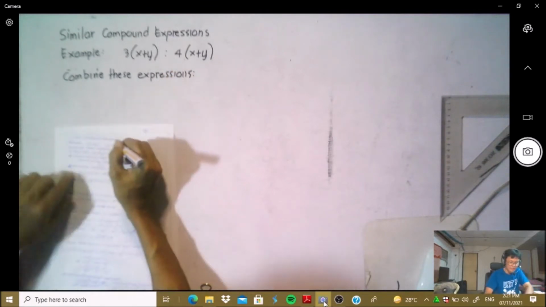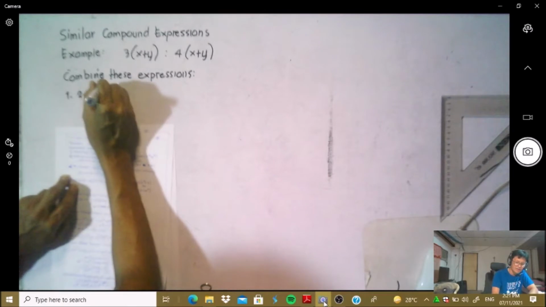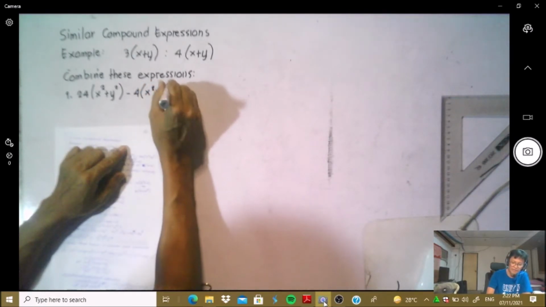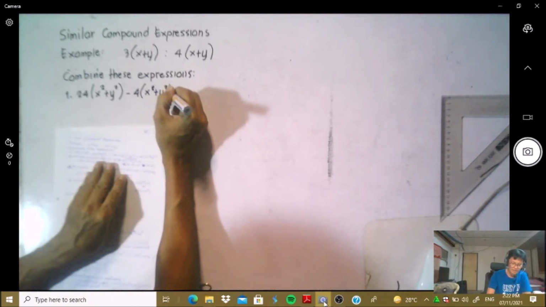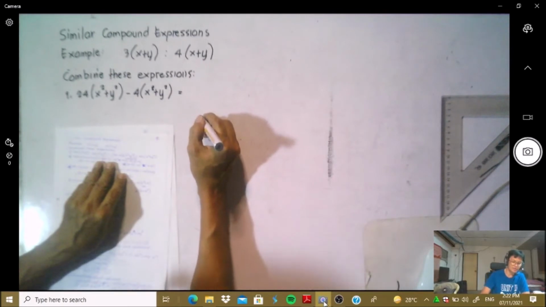Okay, for number 1, we have 24 times the quantity x squared plus y squared minus 4 times the quantity x squared plus y squared. Then this is equal to, so we have to factor out x squared plus y squared.